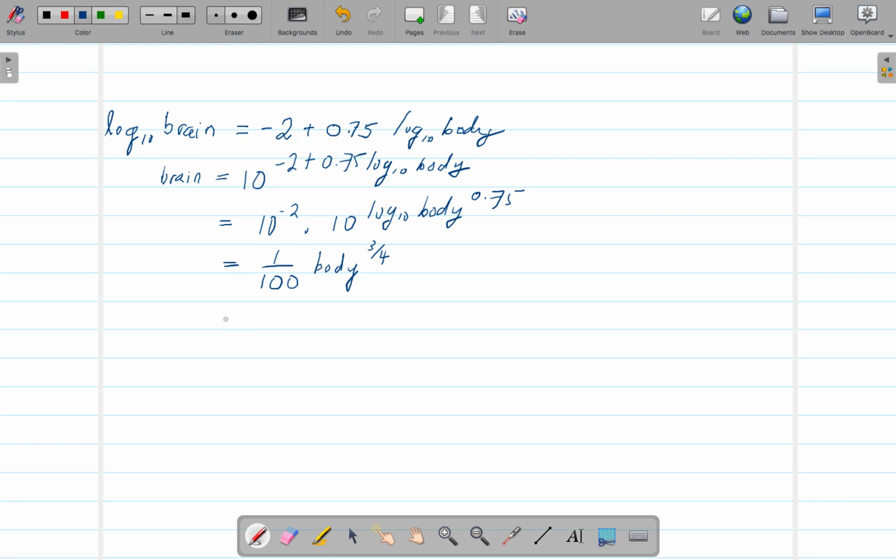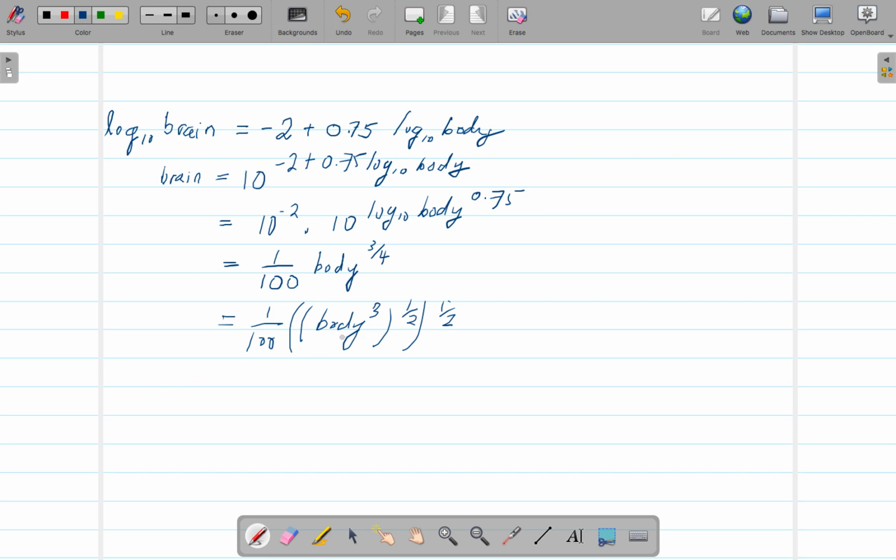So basically, you have something like this. 1 over 100. So this is a body cubed raised to the power 1 over 2, 1 over 2, right? So basically, what this means is that your model is actually pretty nice.